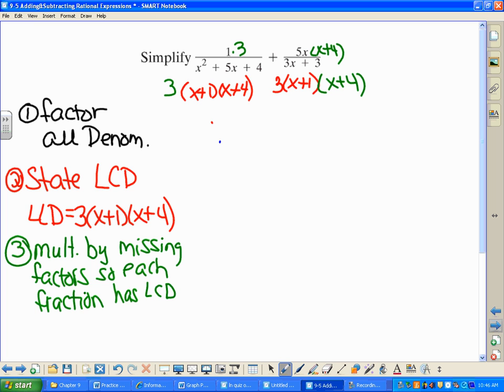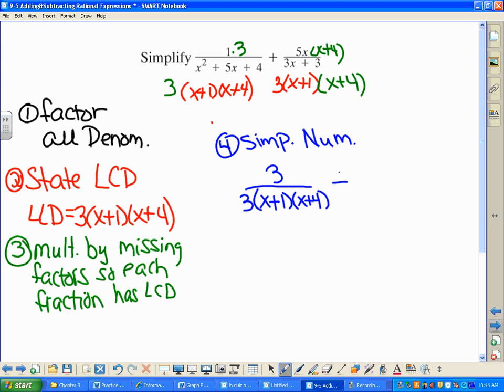So now I'm going to simplify my numerators. So let's see, I'm going to have 3 over my LCD plus, go ahead. Yeah, let's go ahead and multiply that out because I'm going to want to combine this here in a minute. There we go.